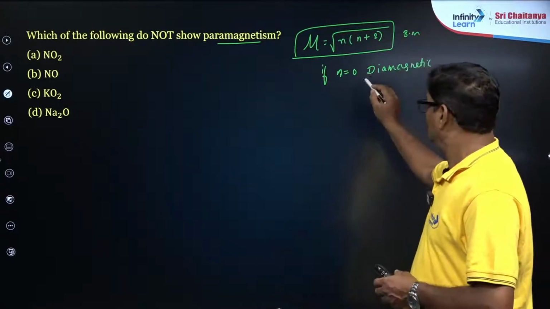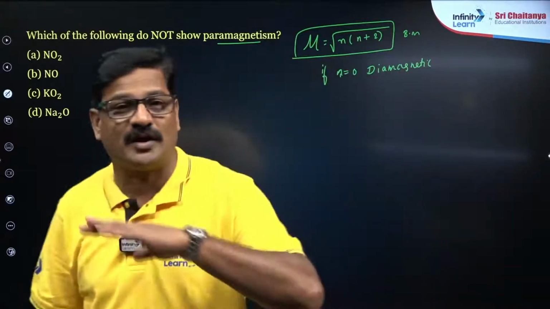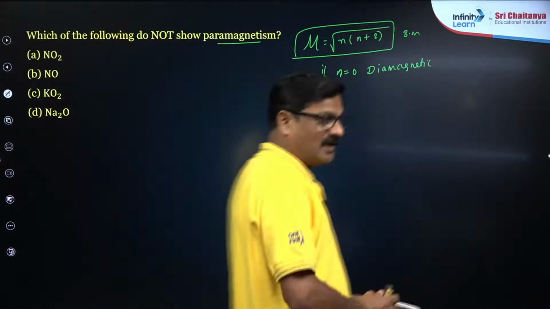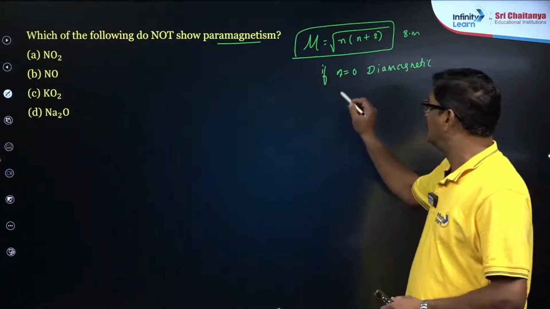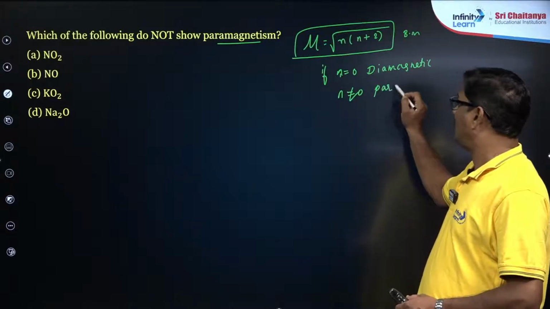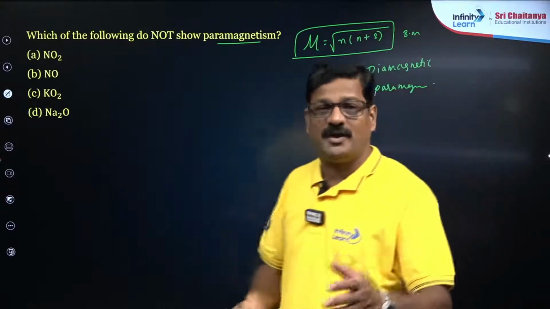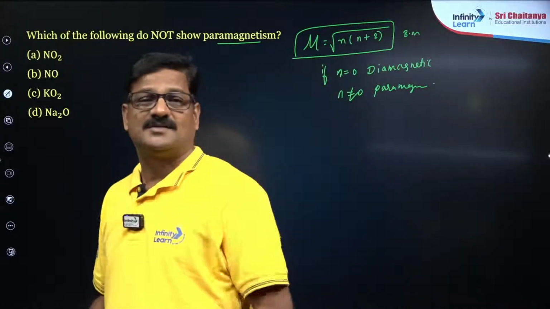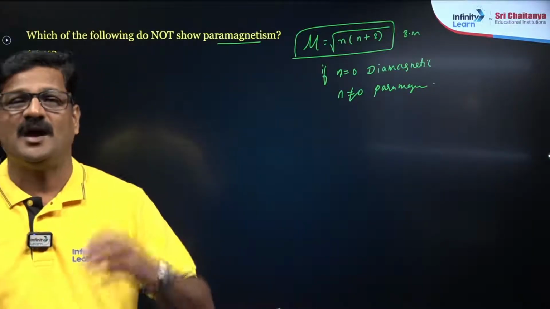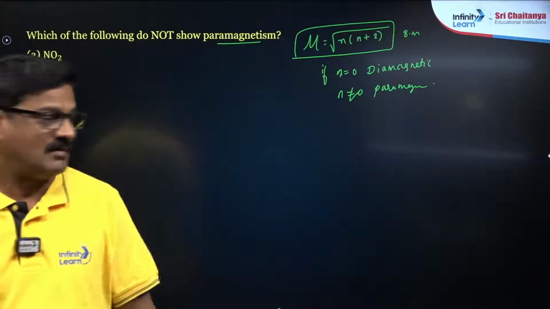And what is the meaning of diamagnetic? Diamagnetic is the one which does not have any magnetic properties, dear students. And also, if n is not equal to 0, the substance is going to be paramagnetic. So जहाँ पर structure में odd electrons हैं, उसमें molecular orbital theory भी हो सकते हैं, and you can also see it in a normal Lewis structure.